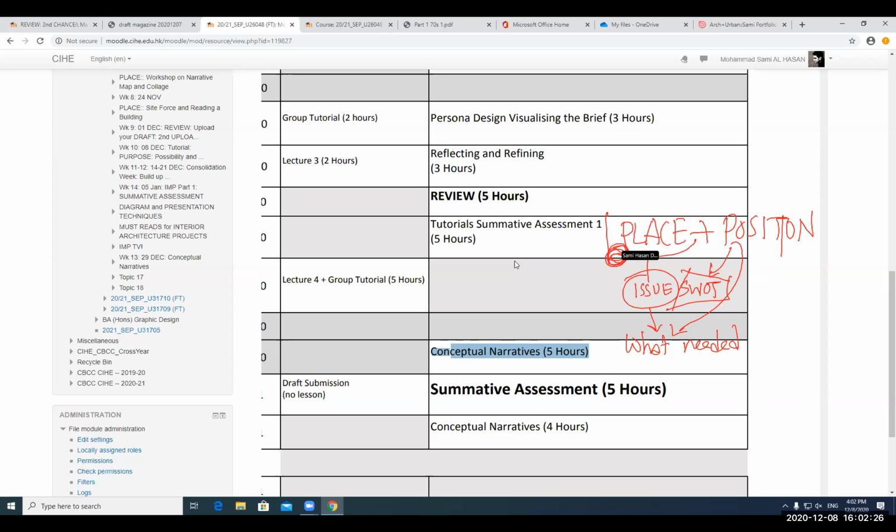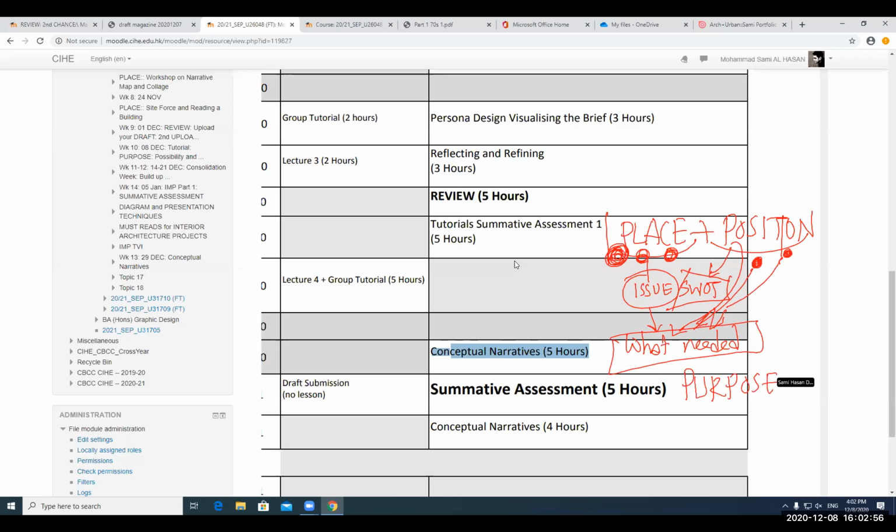Place means neighborhood, building, and people, the user, or even the community. Cultural analysis means everything. Position means any theory that guides you and the broader issue you're talking about. So they melt down into this final question, with the link between this and the purpose.